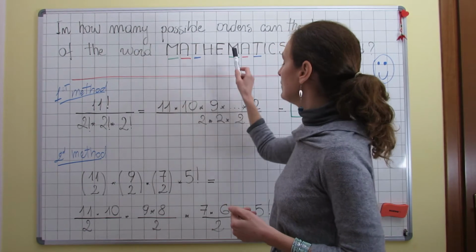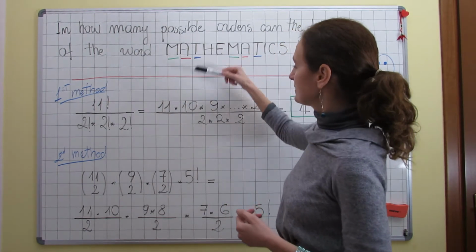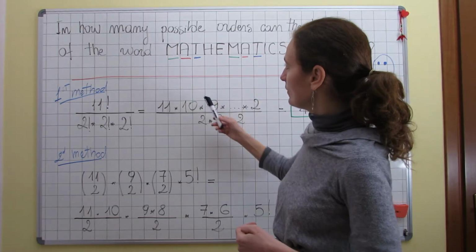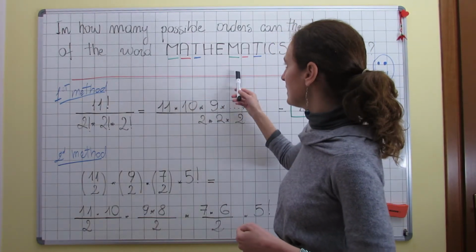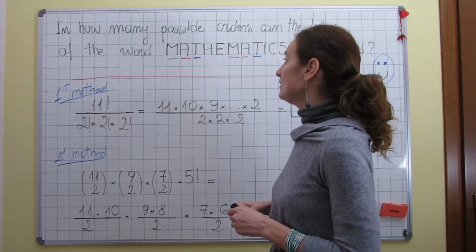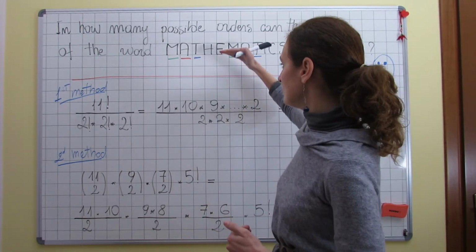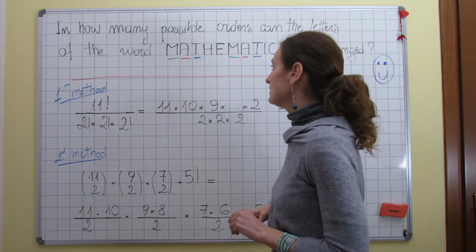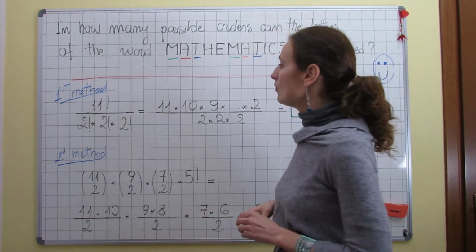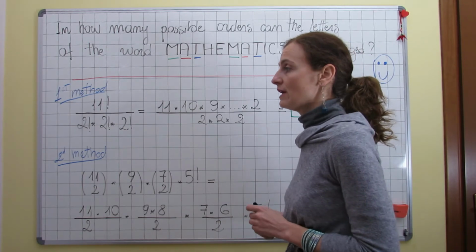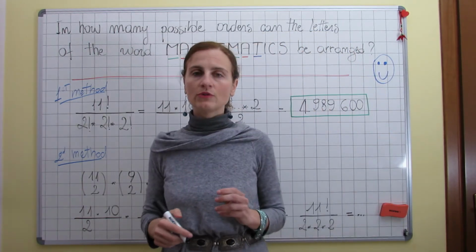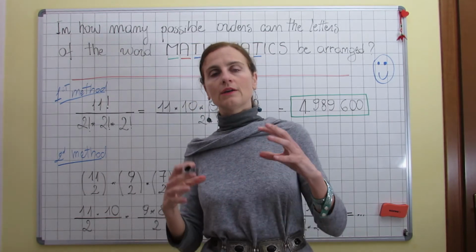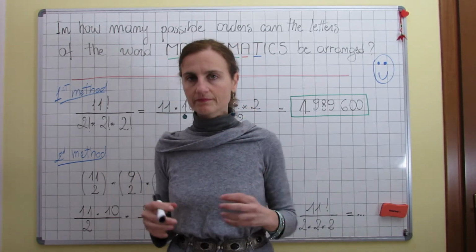But when you realize that the two M's are actually the same letter, so you have a blue M and red M, but some rows below you have the blue M here and the red M here, you realize that the two permutations are actually the same permutation. The same fact holds for all the permutations that you have written. So you can group all the permutations in groups of 2.